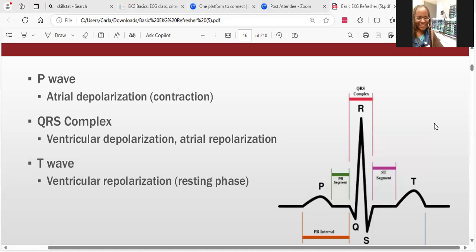So if we have an abnormal looking QRS that is wider or bigger than normal, then we're going to determine that that's some sort of a ventricular rhythm. And the T wave represents ventricular repolarization. I made an entire video about this QRS complex and how it is formed, so make sure you check that video about the electrical conduction system out.